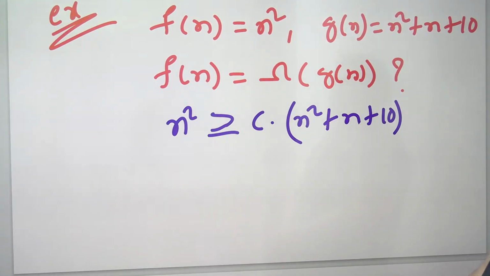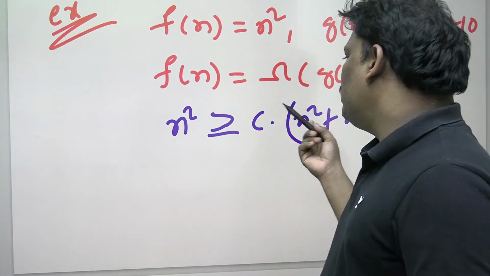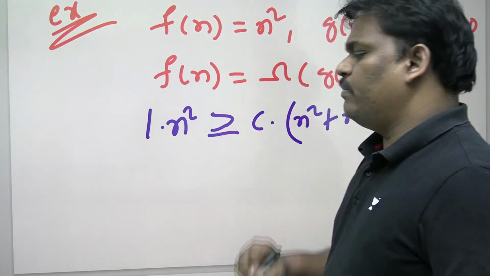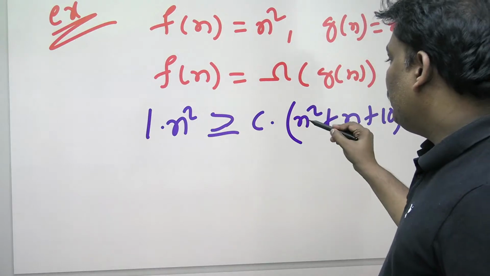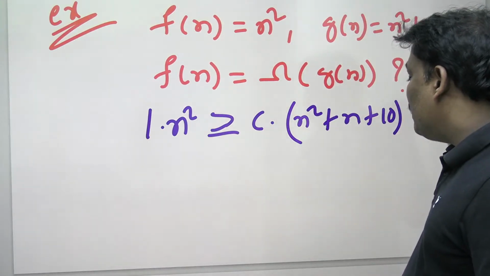But some people are asking, sir, with the help of C you can multiply. But unfortunately that is not possible, because C is there on the right side, and I have to multiply on the left side. Because, listen everyone, here it is 1 n square, but there it is n square plus n plus 10.